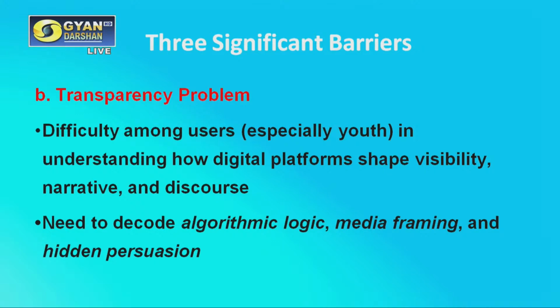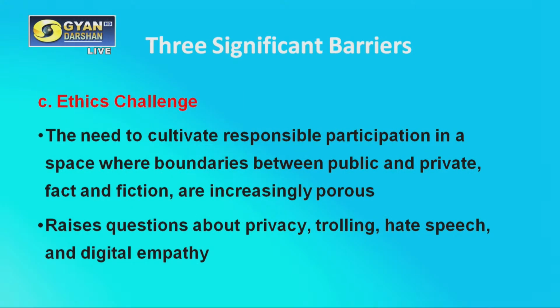Many online platforms work with technological tools, and they may not reveal the actual pattern of those tools, particularly algorithms. And the third is the ethical challenge. Here no gatekeeping is working, so individuals are playing a major role, and here public and private space is being merged. So these are some of the challenges of participation.